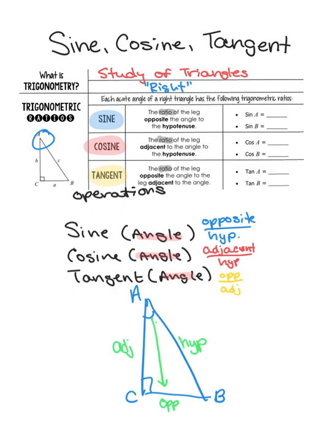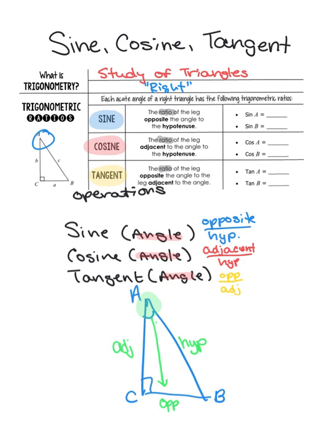That's what we need to look at when referencing one angle. So in each case, I'm looking at angle A and saying, this side is my opposite, this side is my adjacent, and this side is my hypotenuse of the entire triangle.